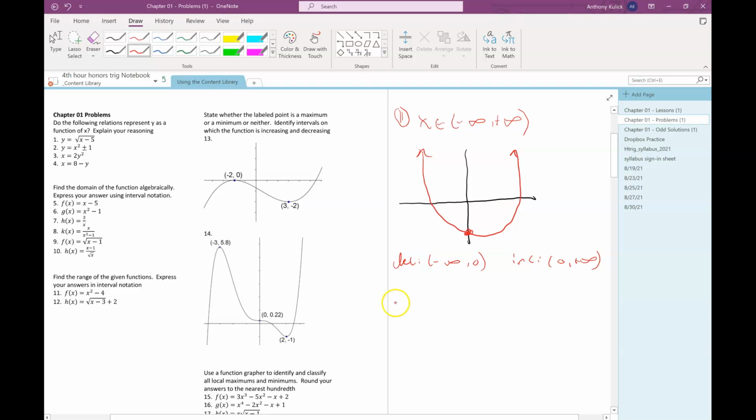In this case it doesn't really make much difference though. So I'm going to say lower bound for the decreasing. So because it's decreasing, I know I'm going to be flipping. And the upper bound for the decreasing.